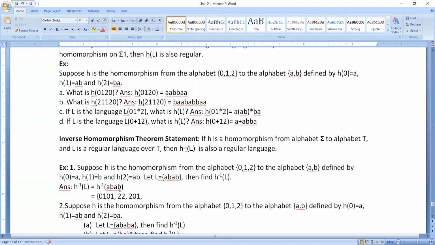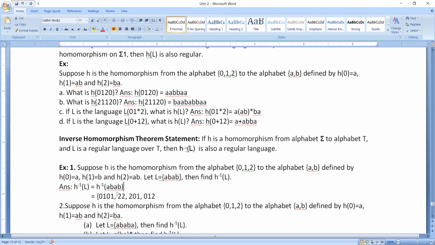Then I will take one more combination: first a as 0, b as 1, and ab as 2. Now we are working with all the possible combinations of the 0, 1 and 2 alphabet set using which this string can be constructed.